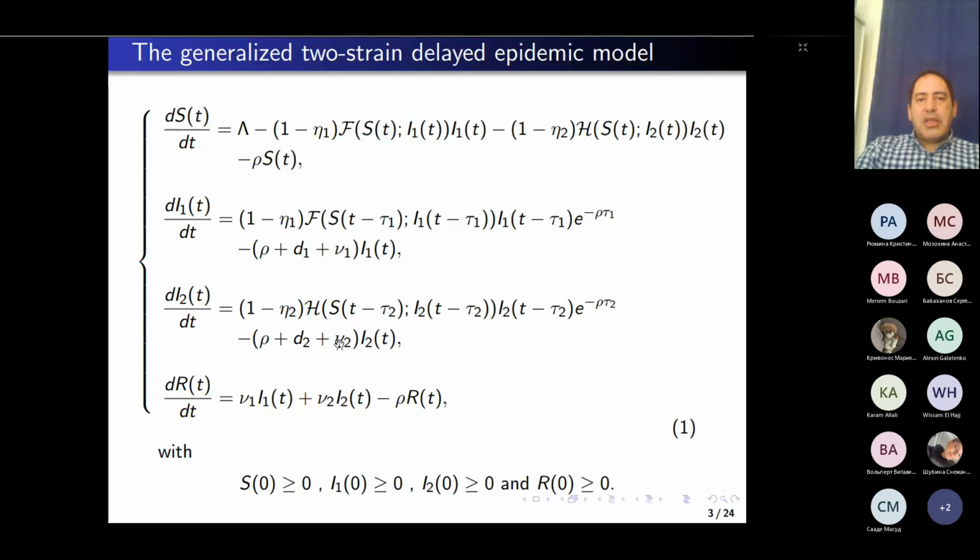And here the difference between rho and mu1 is the death rate caused by the first strain infection, and mu2 is the death rate caused by the second strain infection.